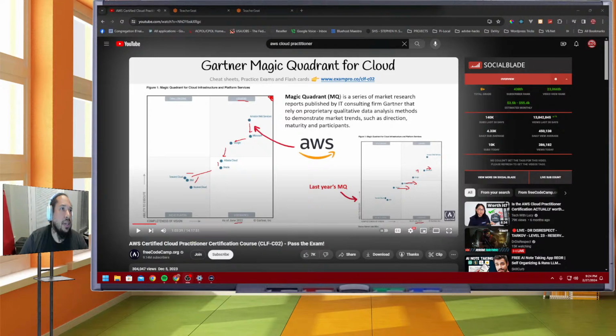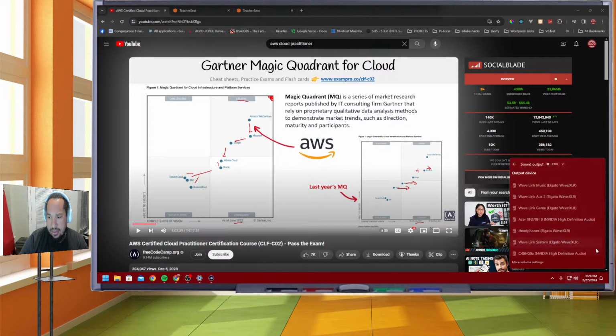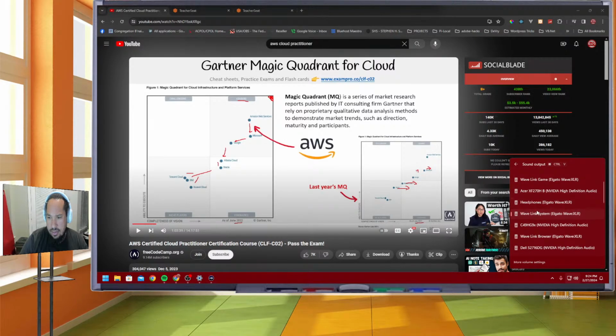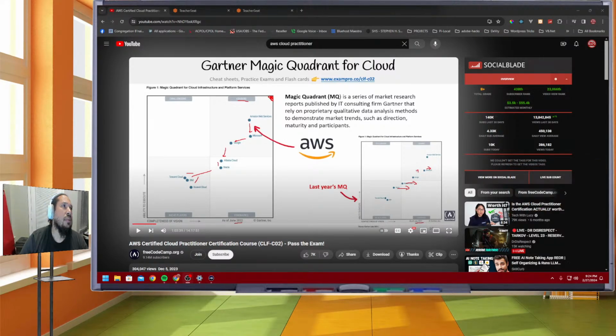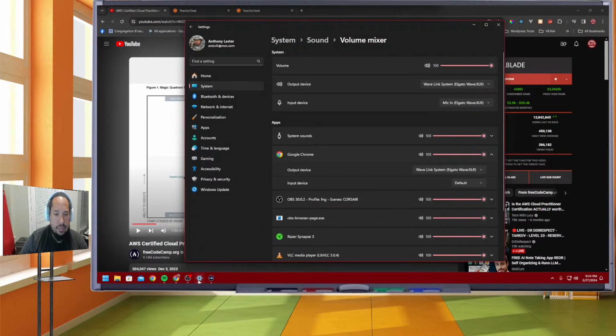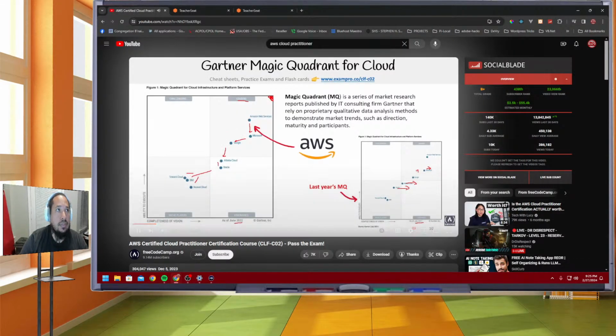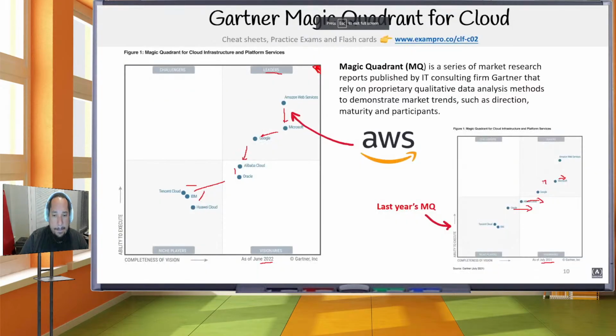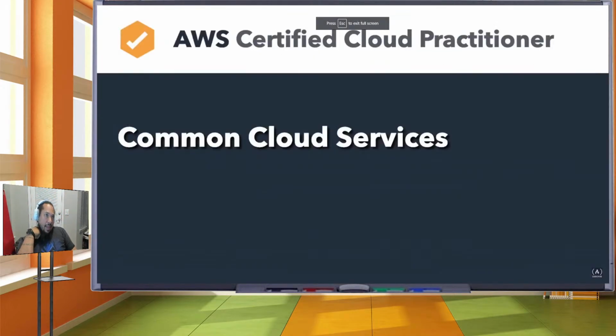Nope, that's still not happening. Properties, default, desktop audio. What is the default desktop audio? AWS website because they're the leader, so they definitely want to show that there. But yeah, there you go. My bad.